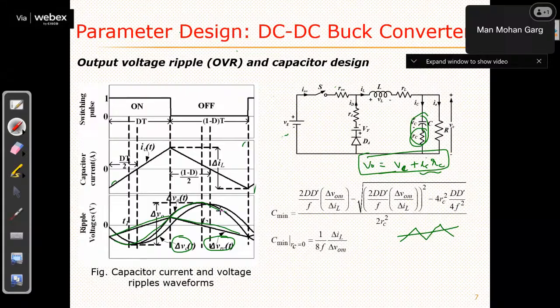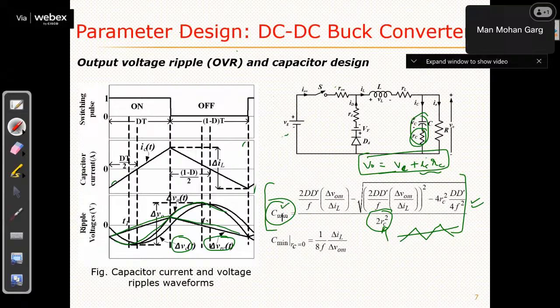So in order to mitigate this, we have to properly design the capacitor, and for that purpose, what we have done in our work is that we have developed this total analysis, and we found that the new value of capacitor should be found with the help of this formula, which is taking into consideration this RC, the ESR, and depending upon this RC, the value of C will be decided.